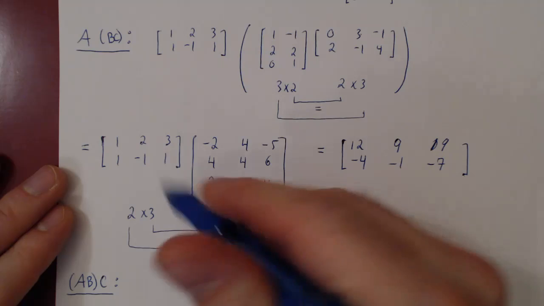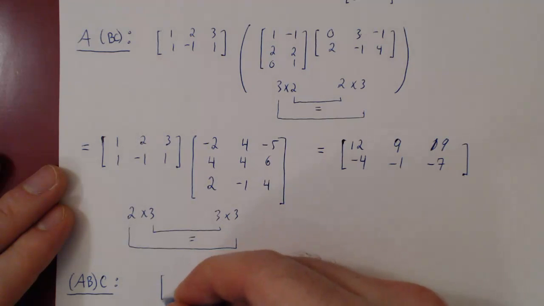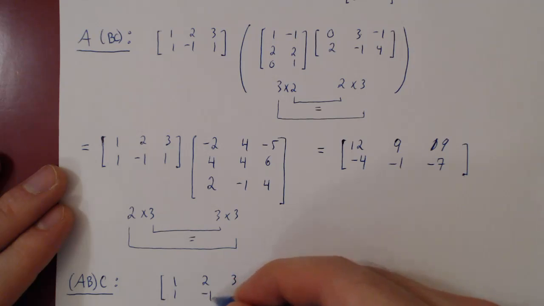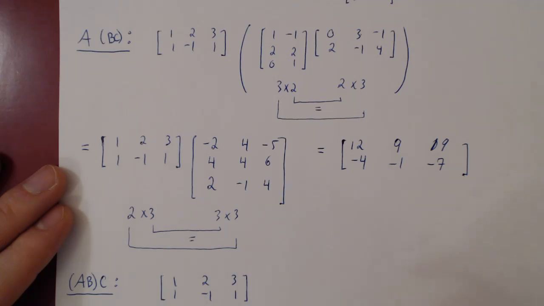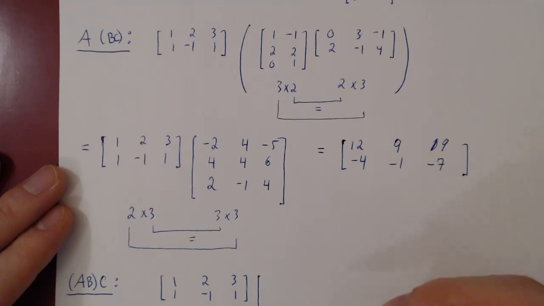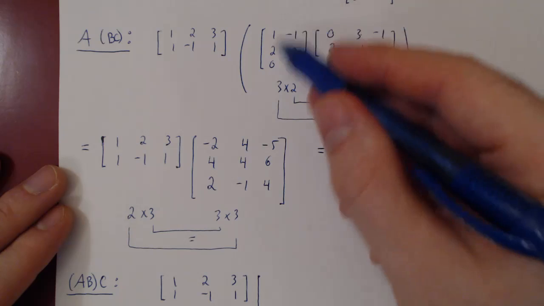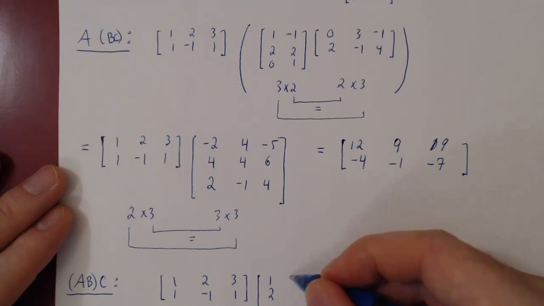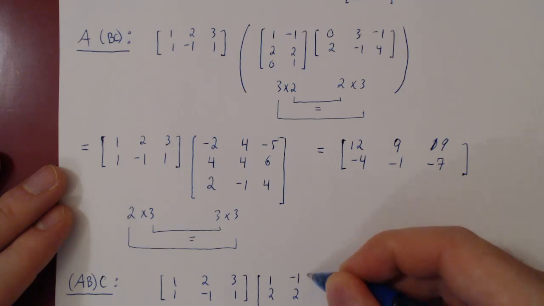Okay, so here's matrix A. So 1, 2, 3, 1, negative 1, 1, times matrix B, which is right here. So 1, 2, 0, negative 1, 2, 1.